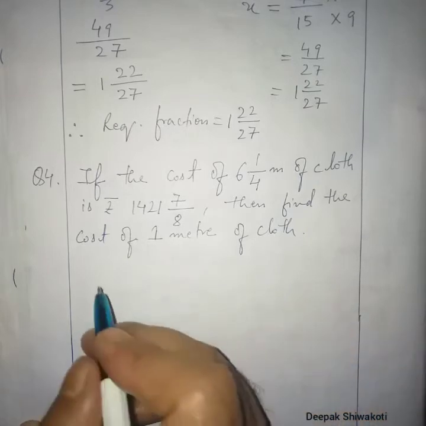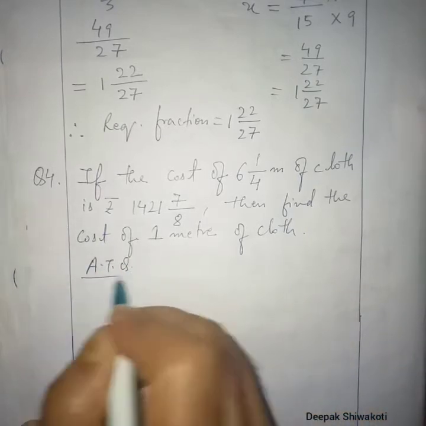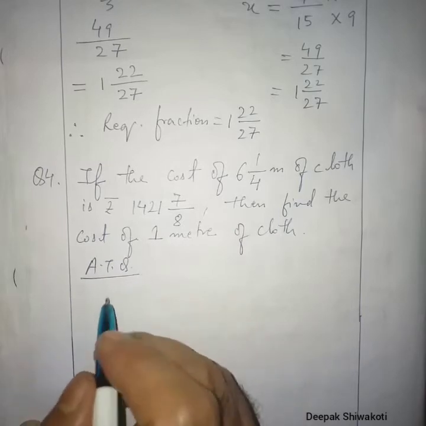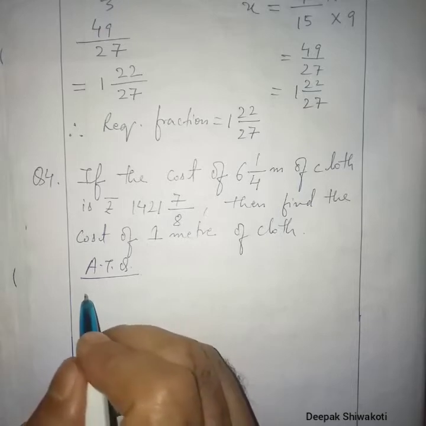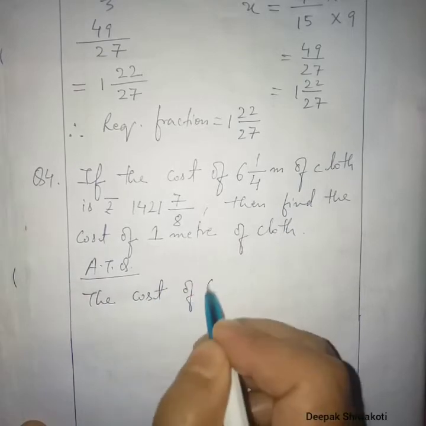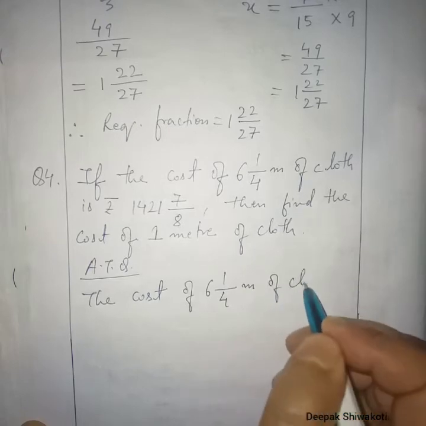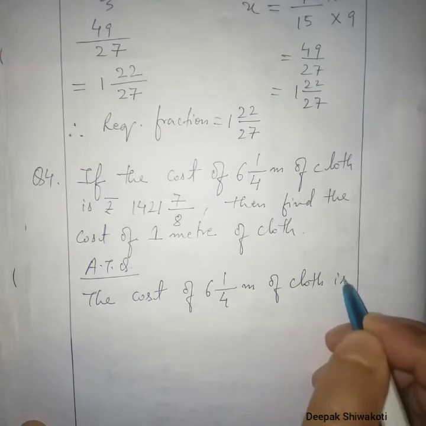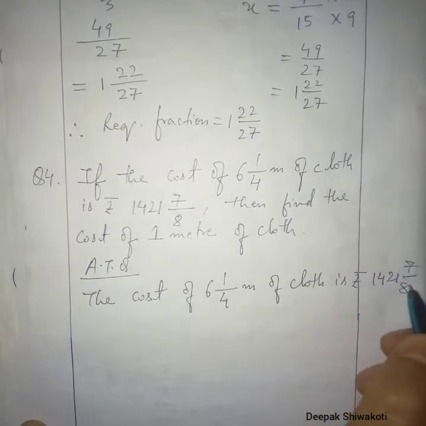So we can go for the unitary method, isn't it? So according to the question, in the unitary method what we'll do, we'll find the cost of a unit item. That means 1. Unit means 1. The cost of 6 whole 1 by 4 meter of cloth is rupees 1421 whole 7 by 8.